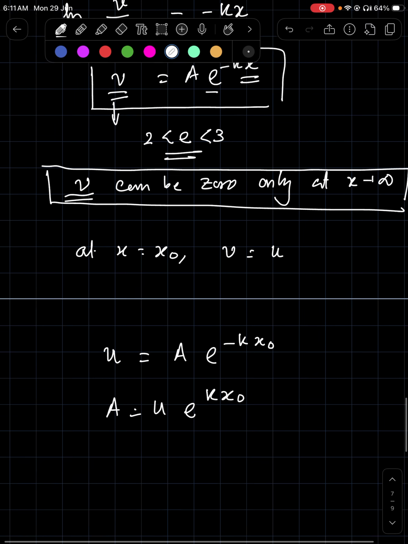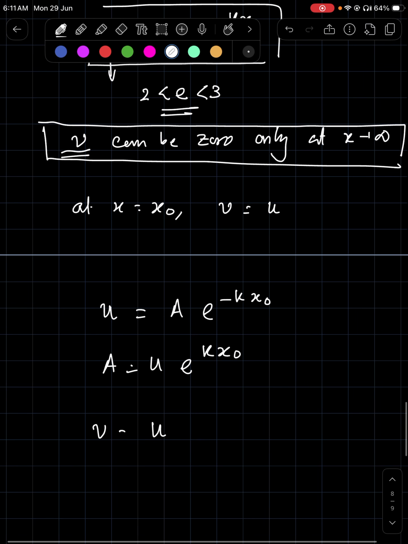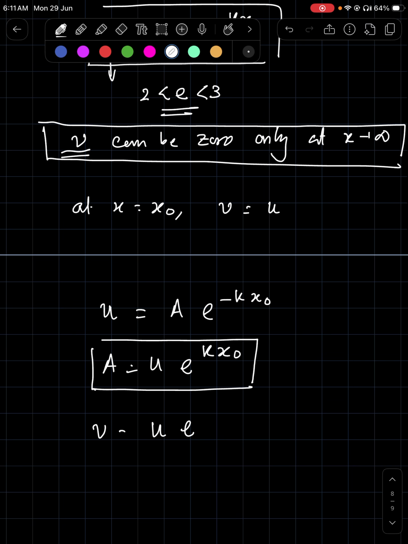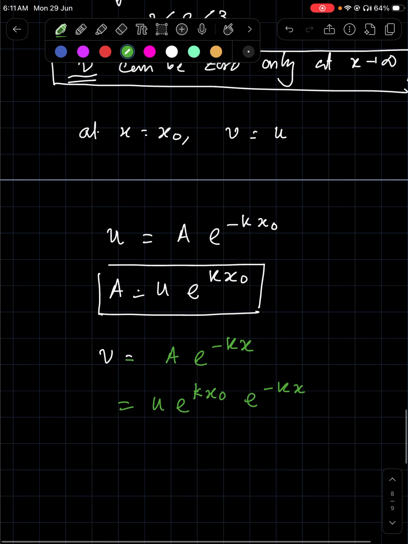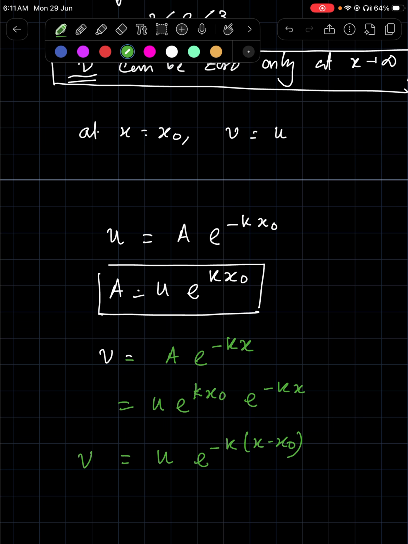If I put that, v becomes A e to the power minus kx. Now I am writing u e to the power k(x naught minus x). So I can write this as u e to the power minus k(x minus x naught). Simple. So that is the solution.